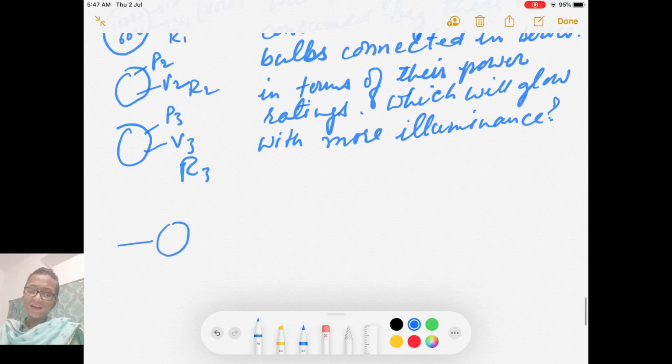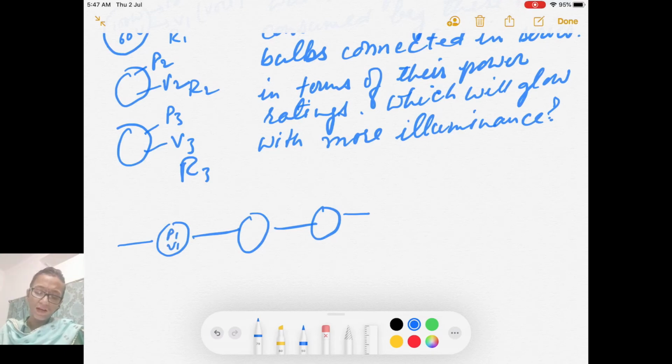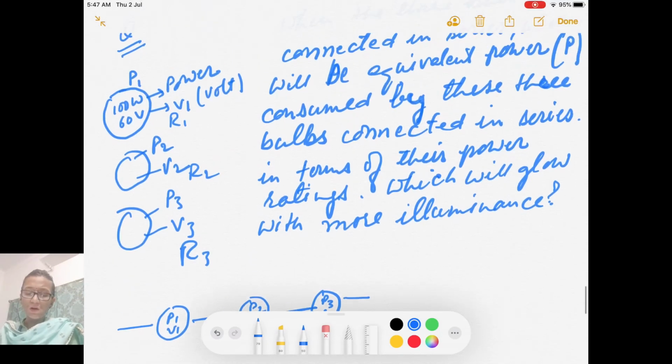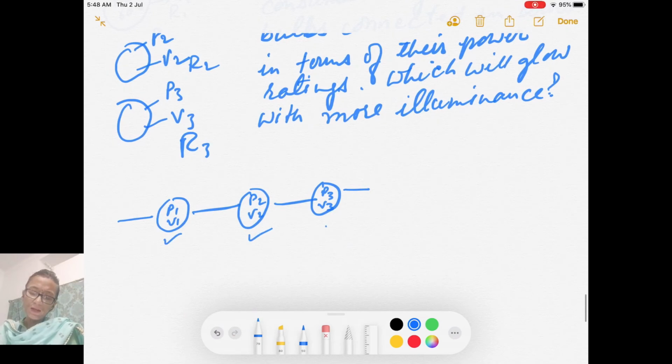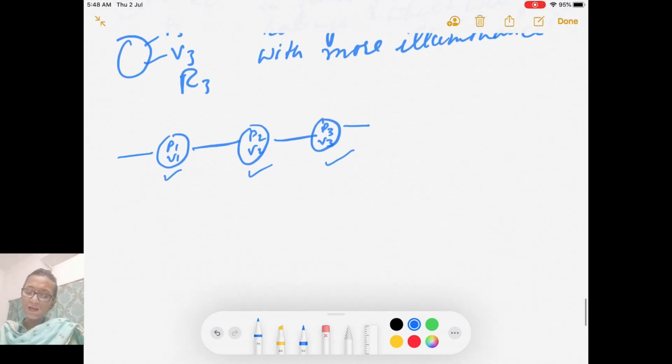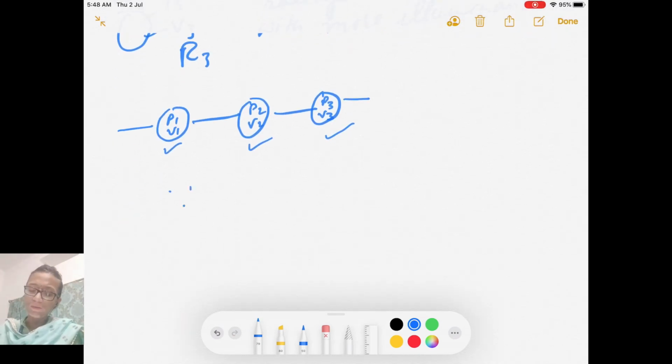All the three are connected in series. One bulb, two bulb and three bulb. All the three connected in series with mentioned ratings P1, V1, P2, V2, P3, V3. Okay, resistances are not mentioned and we have to obtain equivalent power consumption in terms of these quantities only, which are mentioned on the bulb.